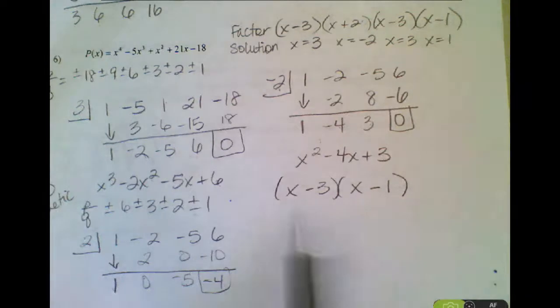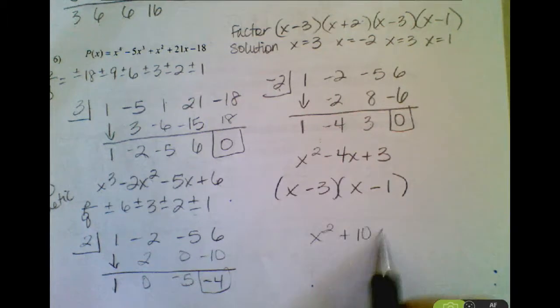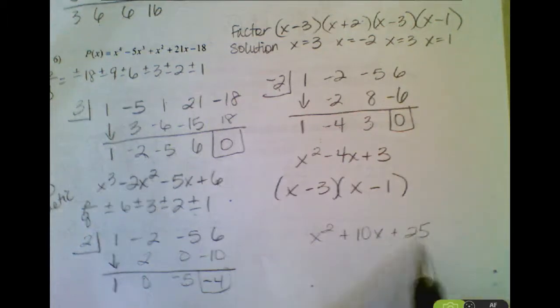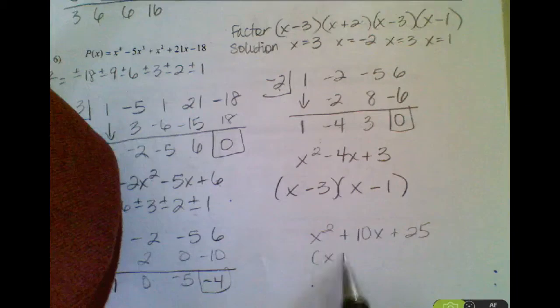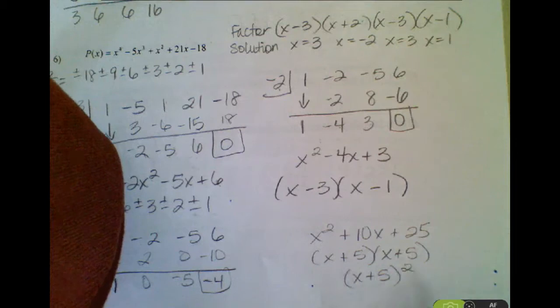Now, some of you are looking and going, but wait, we already did 3. In polynomials, it is very possible to have the same solution show up twice. In fact, when we were doing our perfect square trinomials, you'll see that if we had something like this, that factors to x plus 5 times x plus 5, or we can write that as x plus 5 squared.